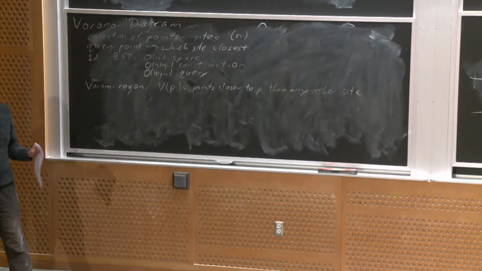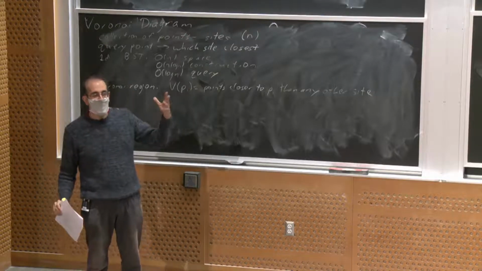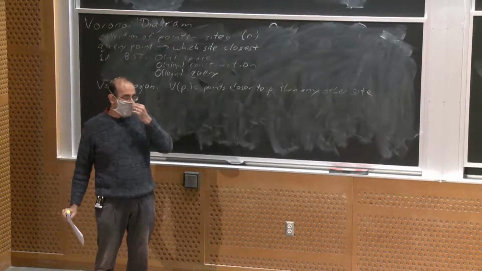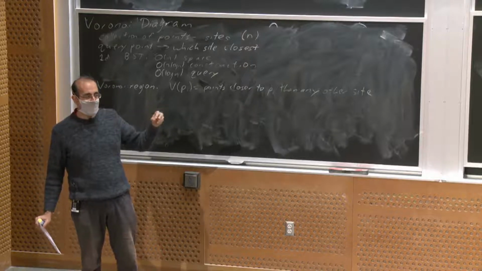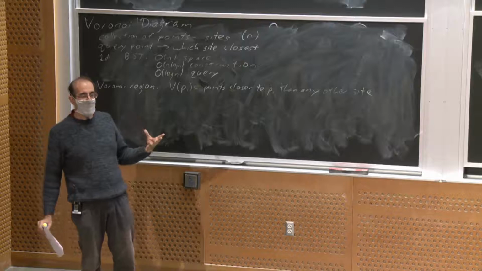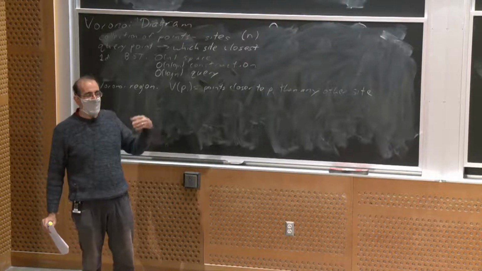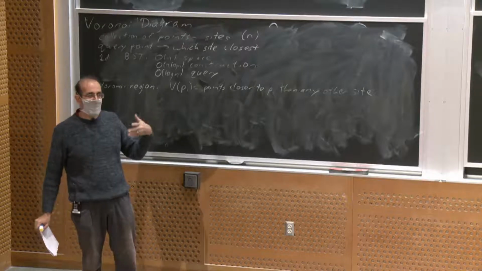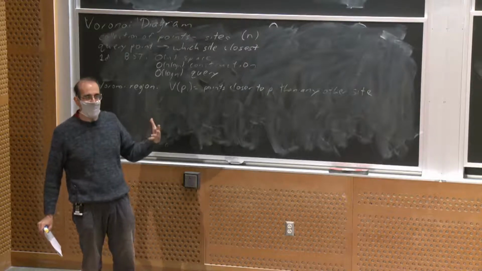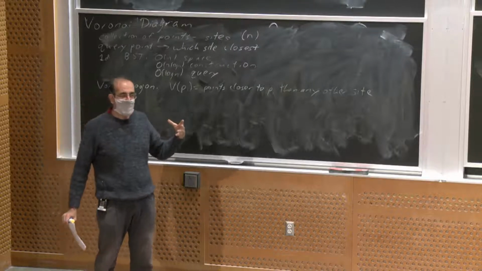So if you think about this, for any collection of sites on the plane, I can look and say which points on the plane are closer to site 1, which points of the plane are closer to site 2, and so on, right? And so I can divide up the plane according to closest neighbor, closest site. And this gives me a region for each of the sites.